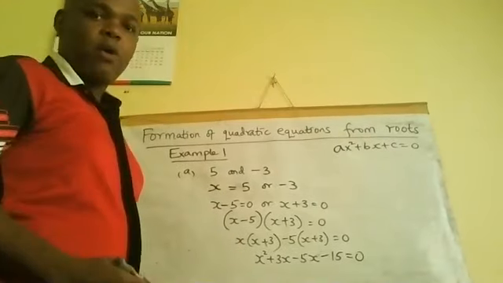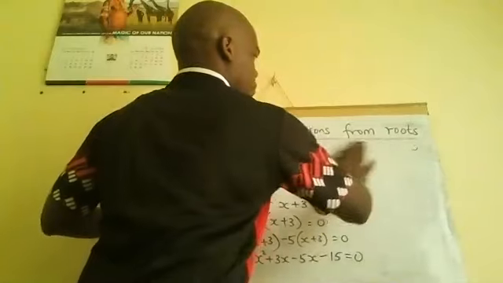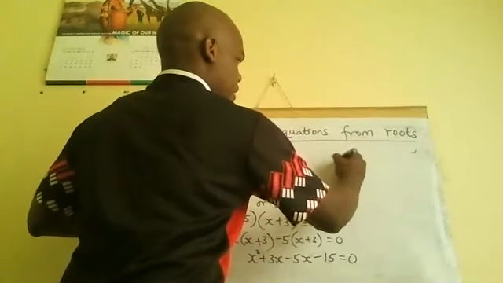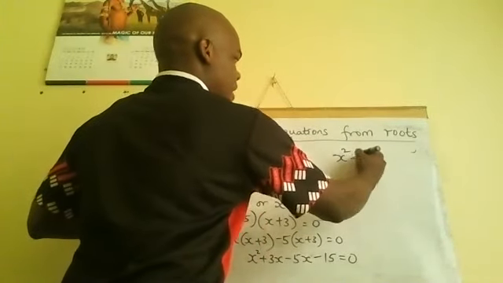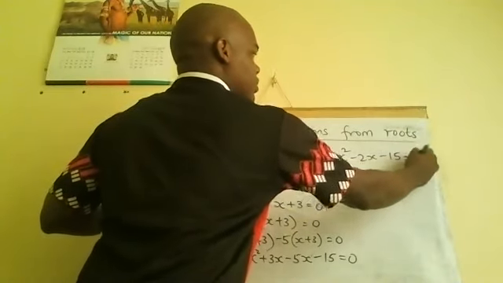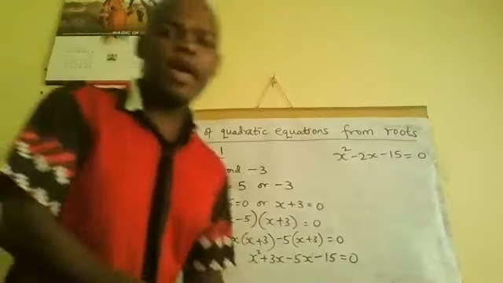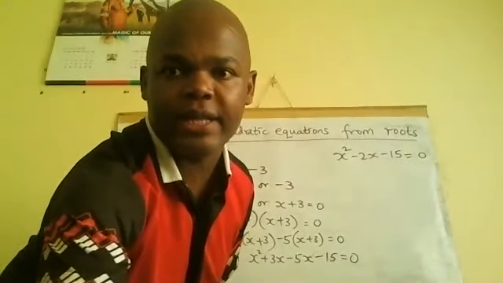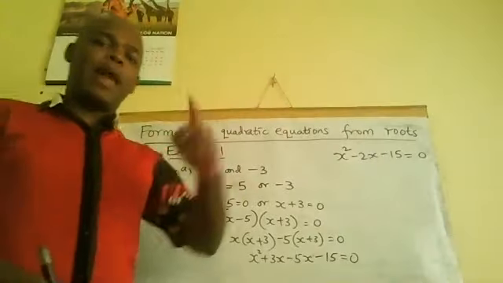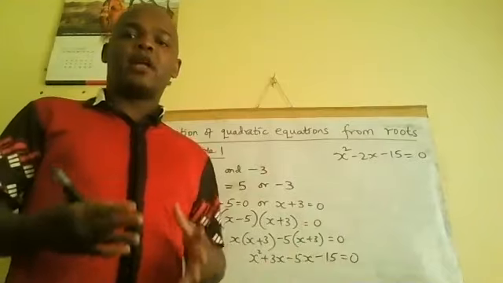That leads us to x squared minus 2x minus 15 is equal to 0. So that is the form ax squared plus bx plus c is equal to 0.